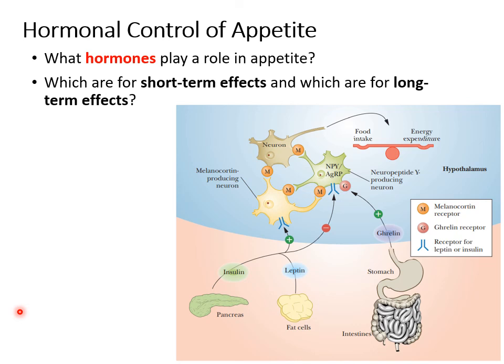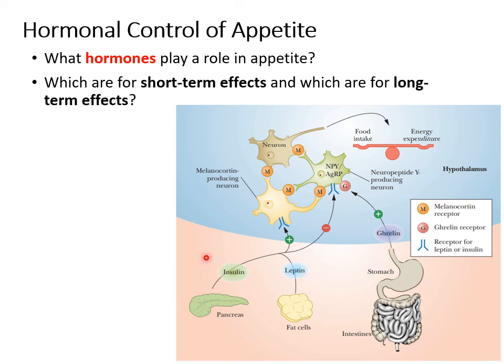Whereas cholecystokinin is going to be the signal for being full. Okay, so they have opposing functions. So once you've eaten, after you've gotten the signal to eat, you're now going to be full or feel full thanks to the cholecystokinin.